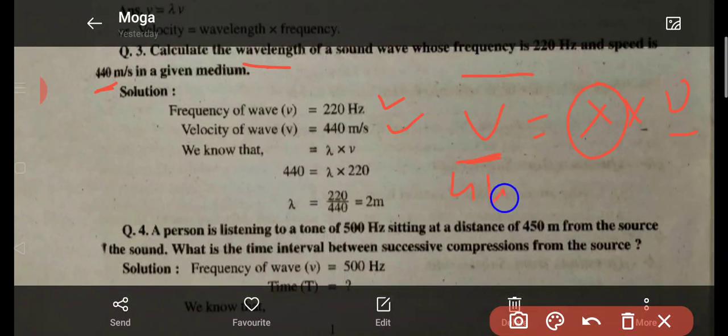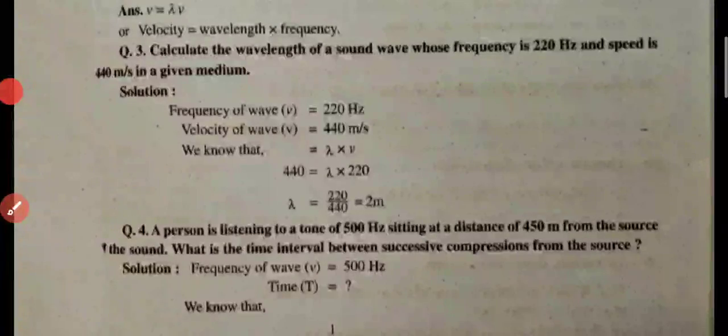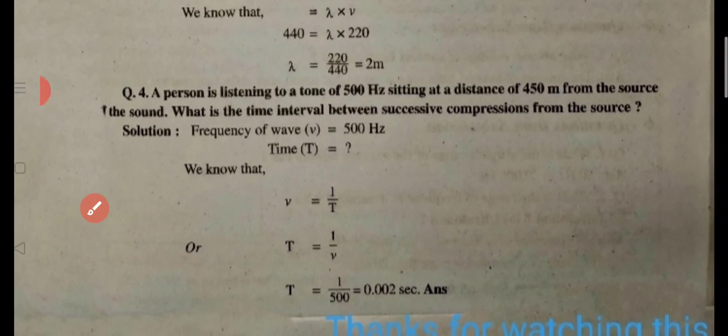This is 440 and this value is 220, and we will find the value of lambda by dividing 440 by 220 and the answer will be 2 meter. The unit of wavelength is meter.